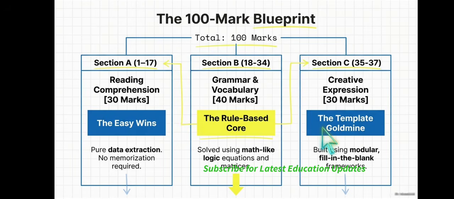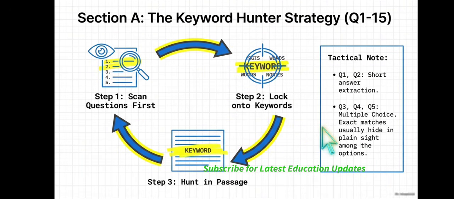So, dear students, in this video, we will be looking at these points at a glance. Section A, Section B, and Section C, followed by the strategies for each section.